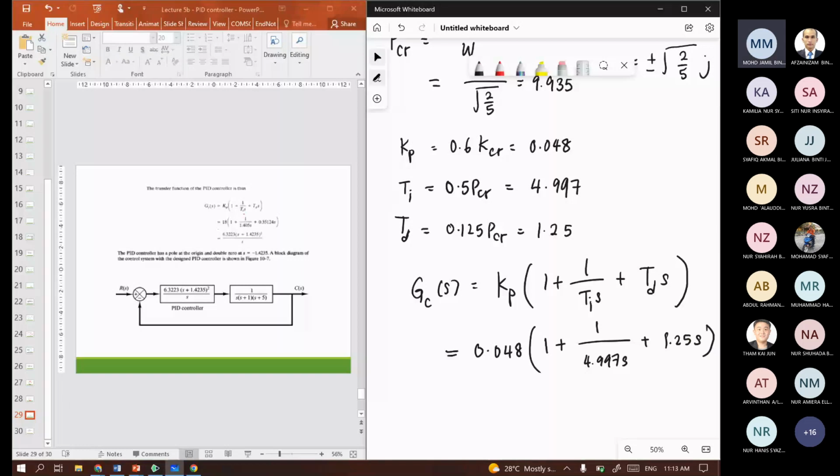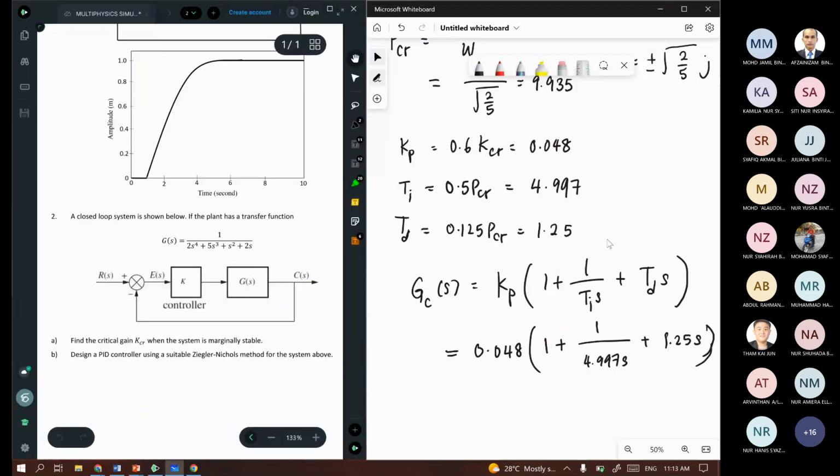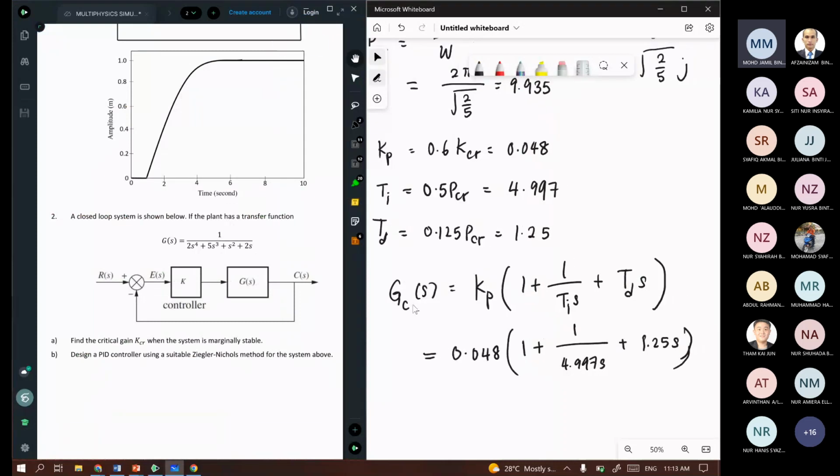Okay, or you can simplify if you want. So this is the controller that will control the plant to get the system to have the best performance, that has no overshoot, smaller rise time, and also no steady state error.